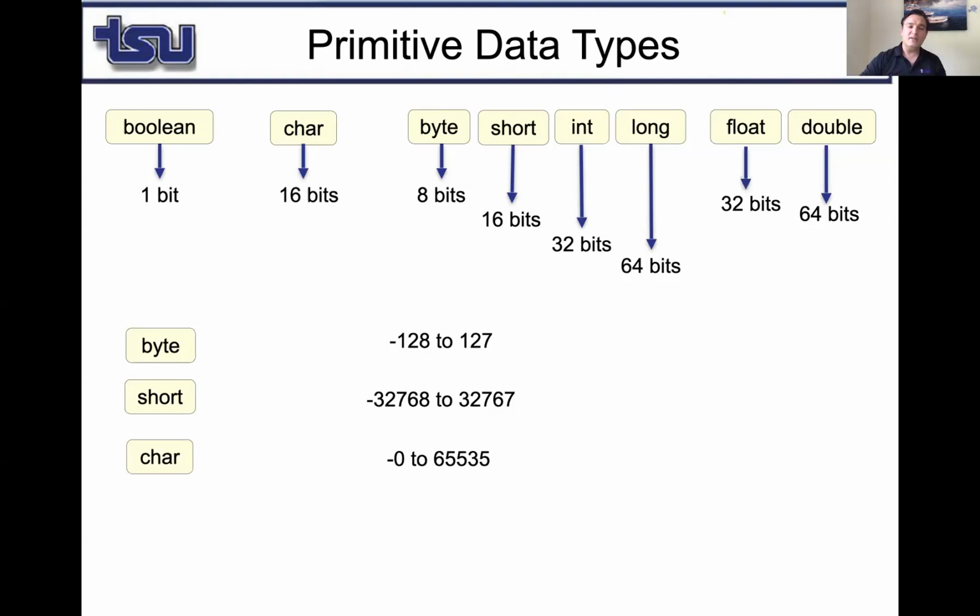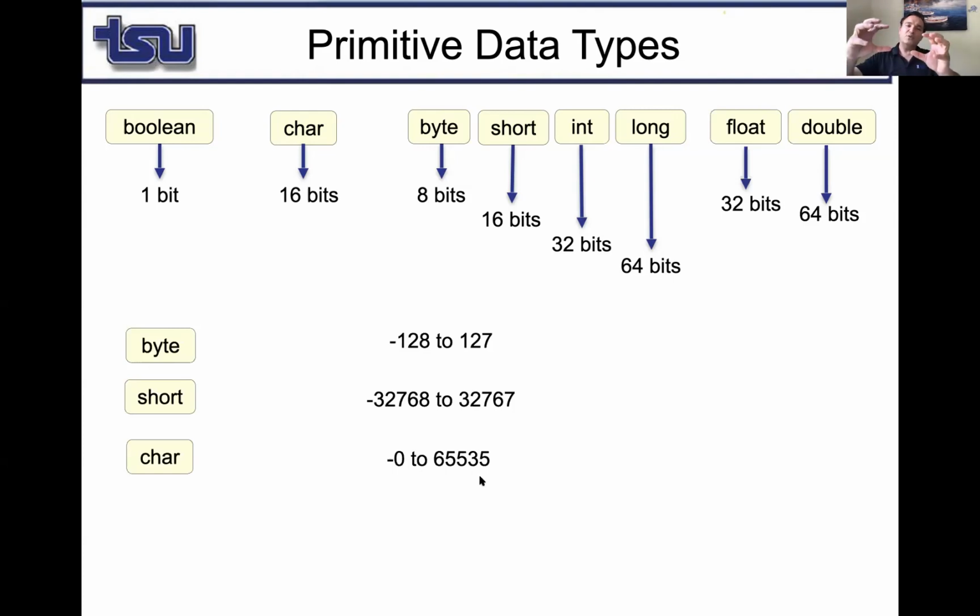Then char. Look, short is represented by 16 bits. Char is represented by 16 bits. However, short includes negative numbers as well, from negative 32,000 something to positive 32,000 something. However, char includes only non-negative numbers. It starts from 0 all the way to 65,000 something.